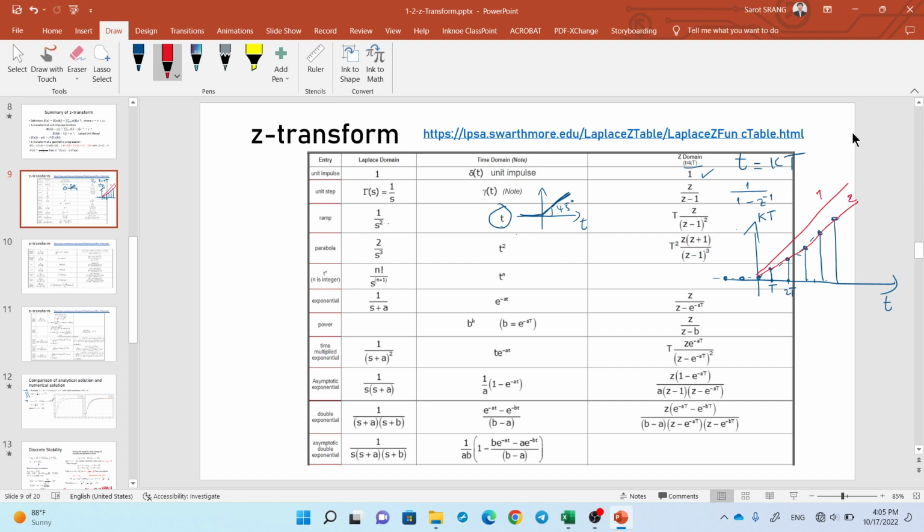So the z transform applies to the actual continuous function, and after you discretize, it does not lose any information. It's not a kind of approximation. It's just that you cannot access the value in between.